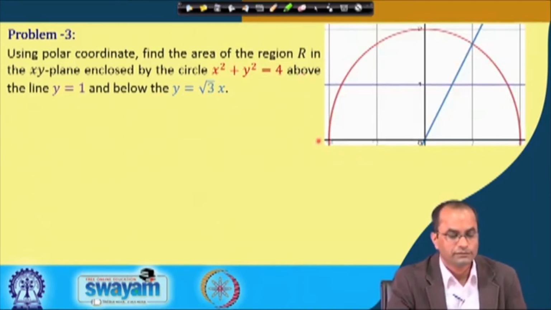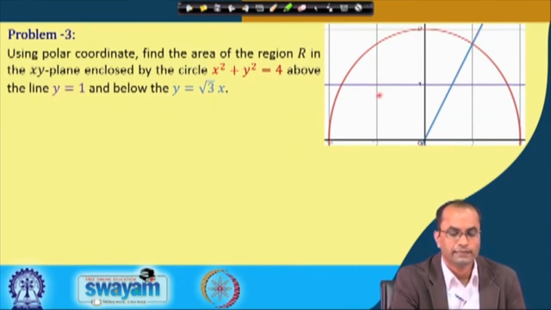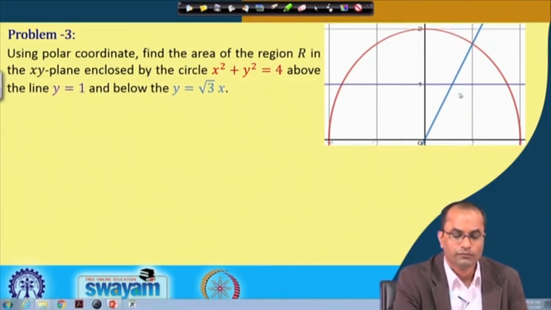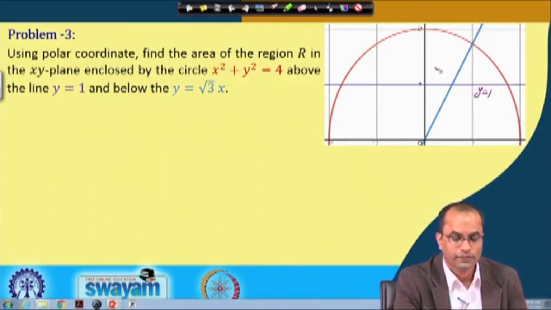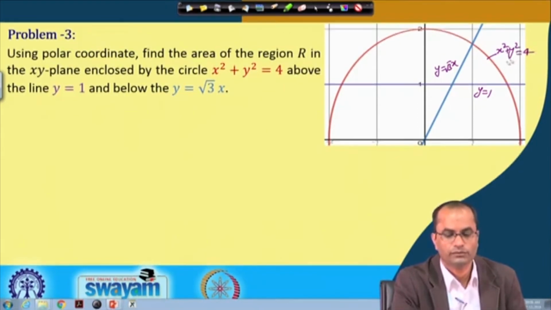So, that is the situation: the circle, and then we have this line y is equal to square root 3 x, and the line y is equal to 1, and this is the circle which is given by x square plus y square is equal to 4.